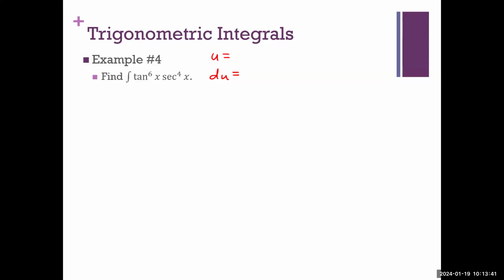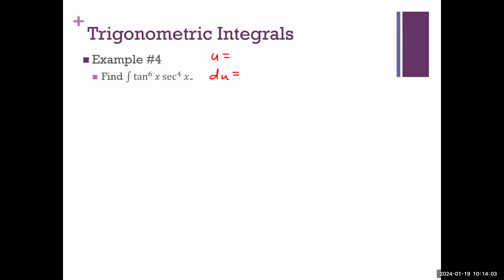So let's just remind ourselves, how are u and du related to each other? They're derivatives. One's the derivative of the other. One's an integral of the other. Do we know any relationships between tangent and secant? Is this one also missing the x? Yes, it is.